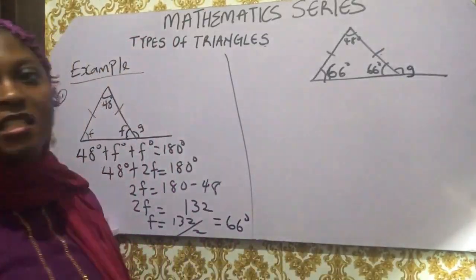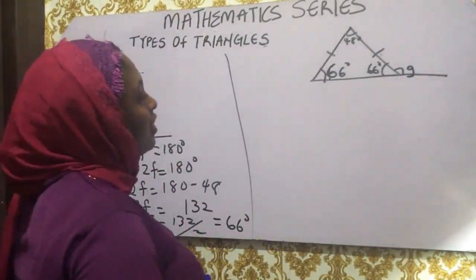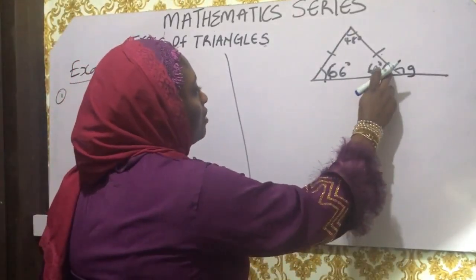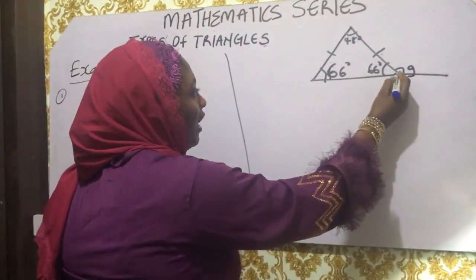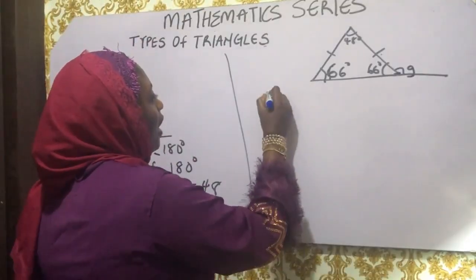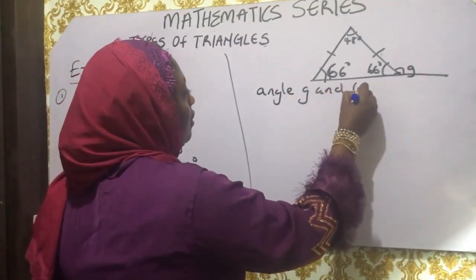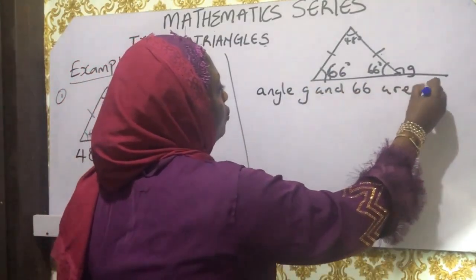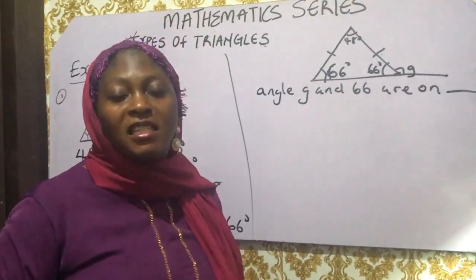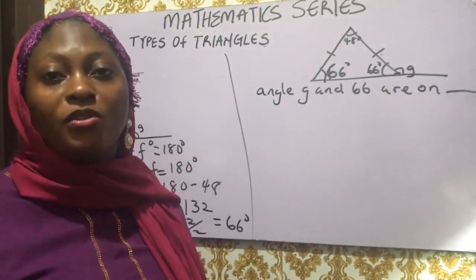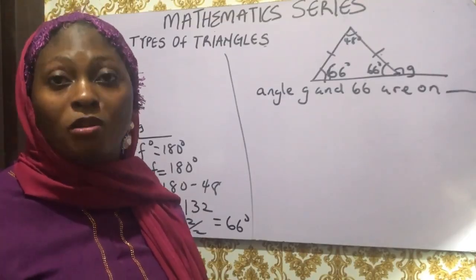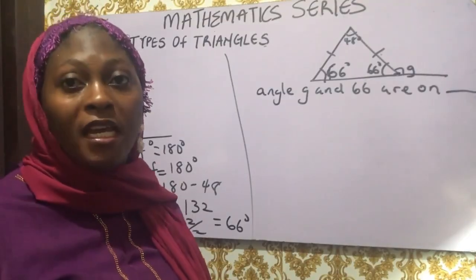Now, because angle G and angle 66 degrees are on a straight line, and we have learned in the previous class that angles on a straight line are supplementary, it means they add up to 180 degrees.